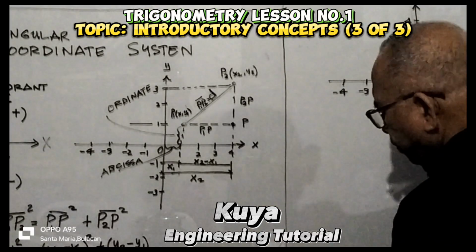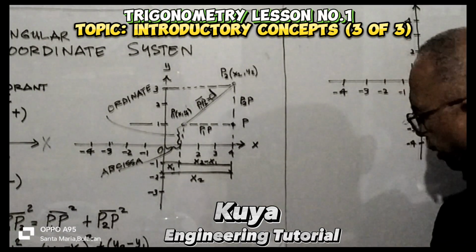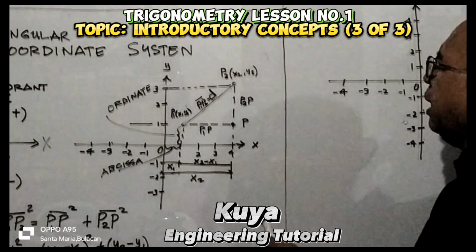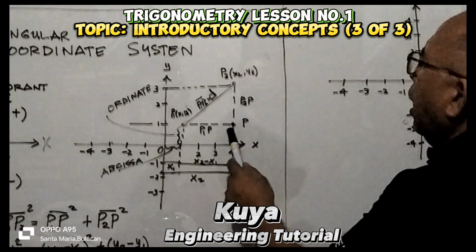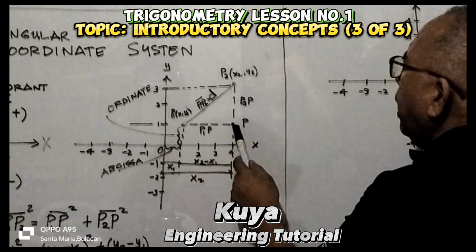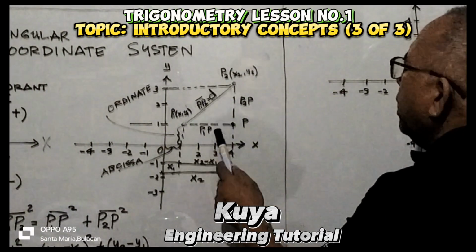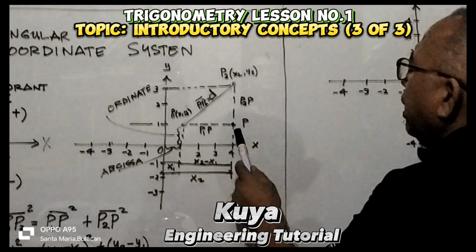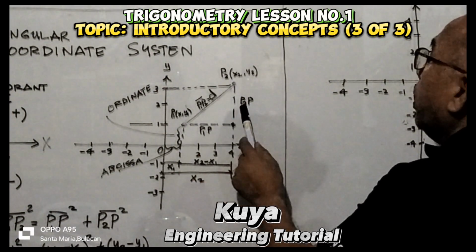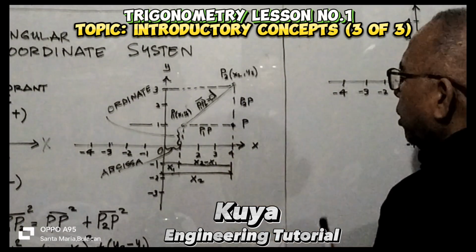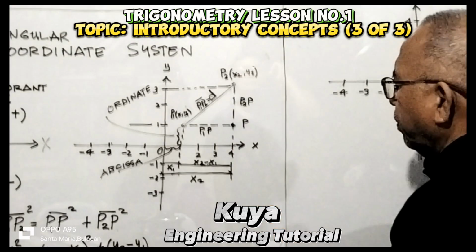So, therefore, yung P natin ay makita natin dito P1 to P2, P1 to P is our horizontal distance. This is our leg of the triangle. And then going down from P2 to P is also another leg of the right triangle.